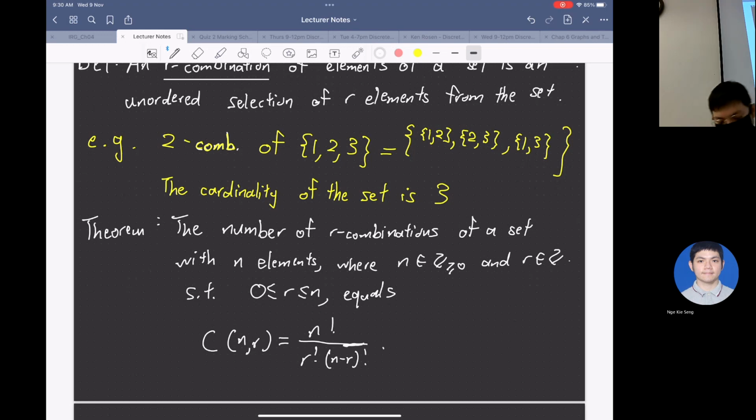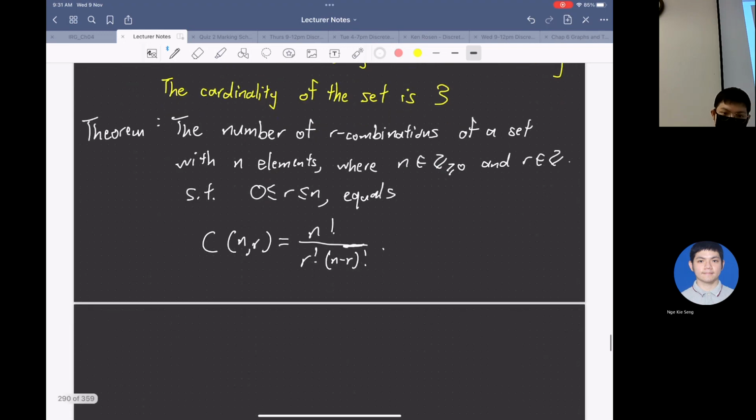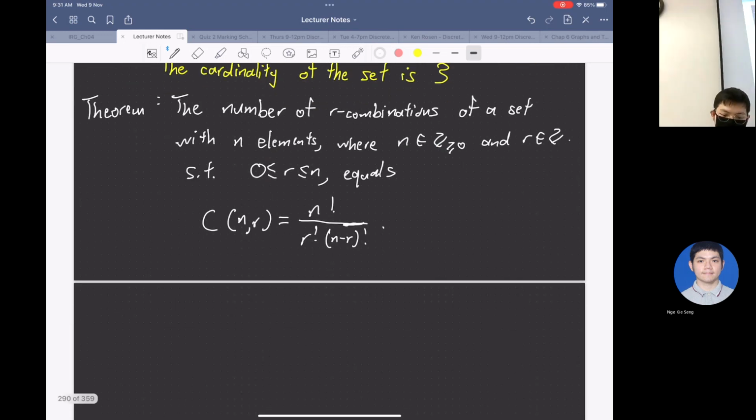When you saw this formula before, I think you all saw it before. Did you ever think how this formula comes from? Why is it n factorial over r factorial times (n minus r) factorial?